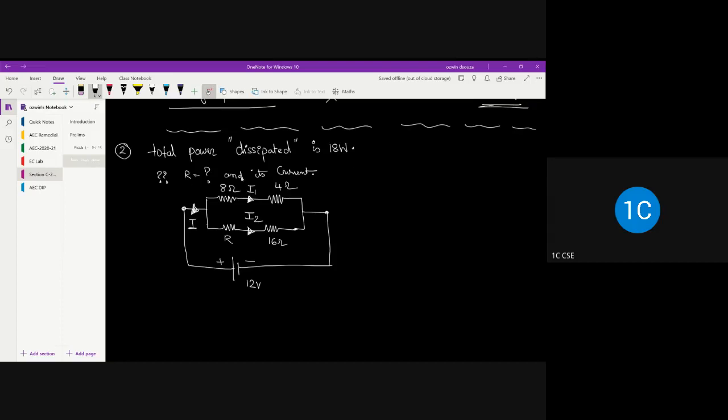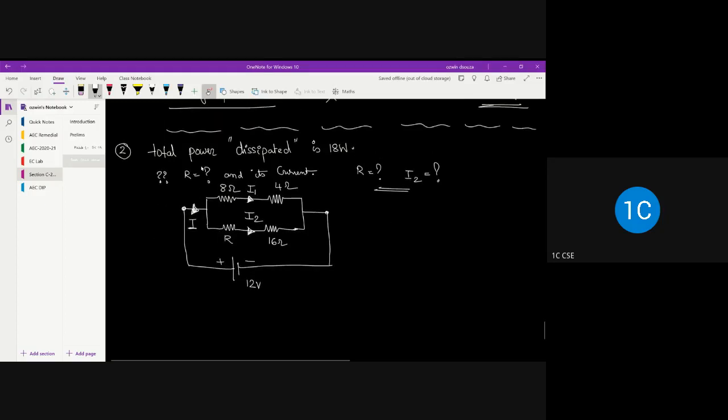So basically you need to find the R value as well as the I2 value. Since I had to tell you the current flowing through R, I have given the appropriate current value, which is I2.